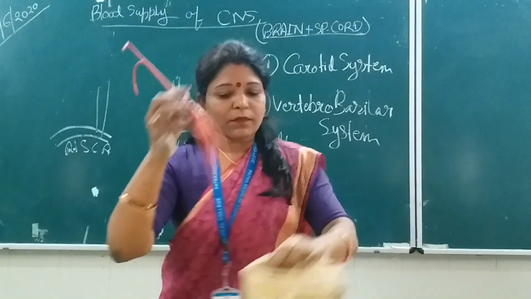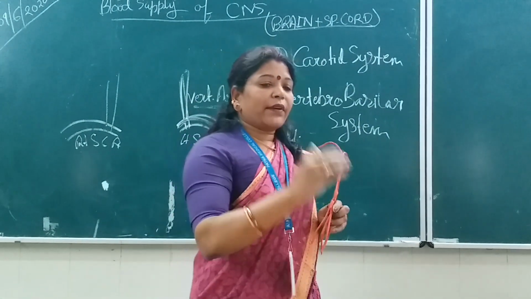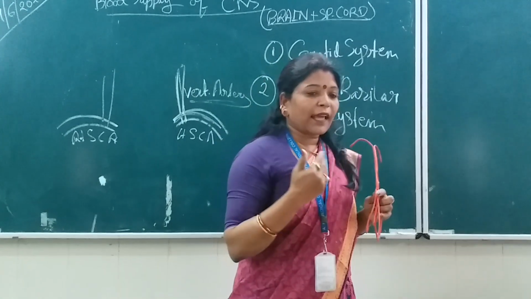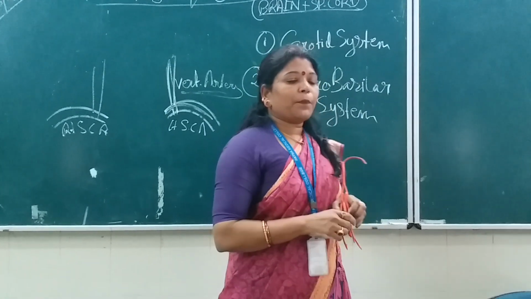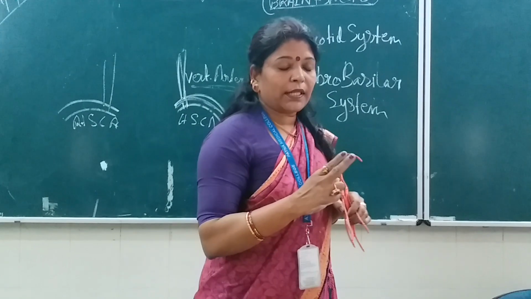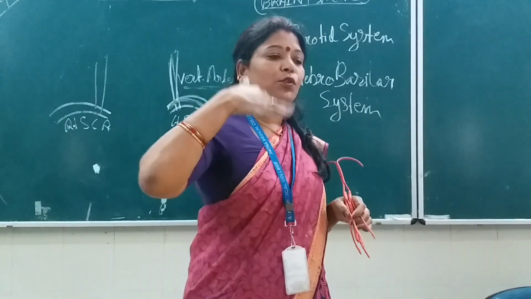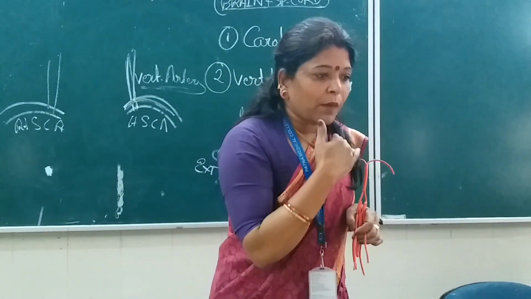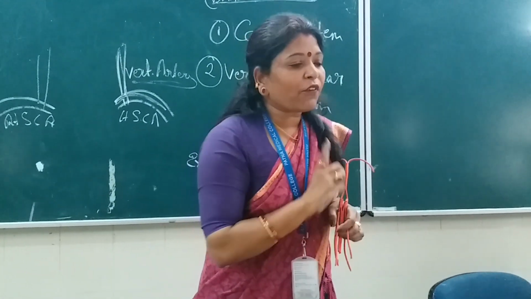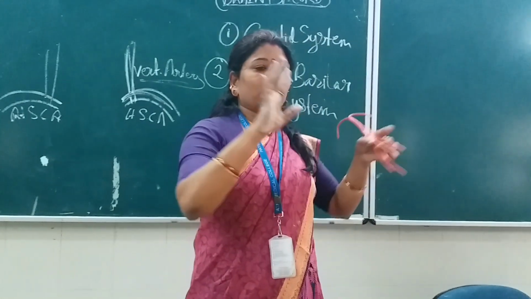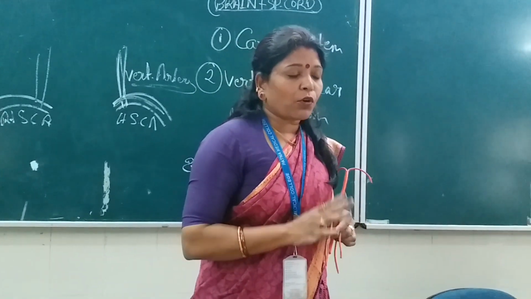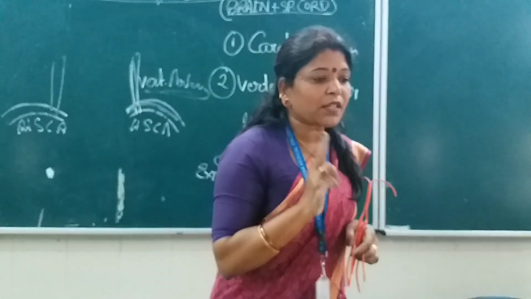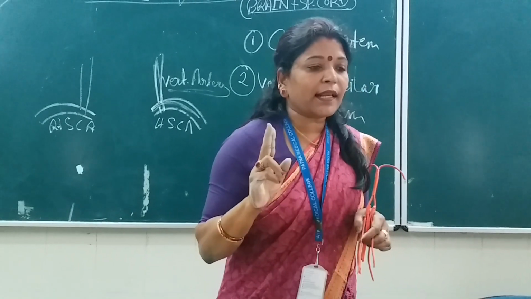Before entering inside the cranial cavity, the vertebral artery pierces which structure here? Just after traversing through the cervical vertebral canal, when it reaches the foramen magnum, at the boundary of the foramen magnum, I have said there is an attachment of the dura mater, so it has to pierce the structures there to go inside the cranial cavity. Yes or no?